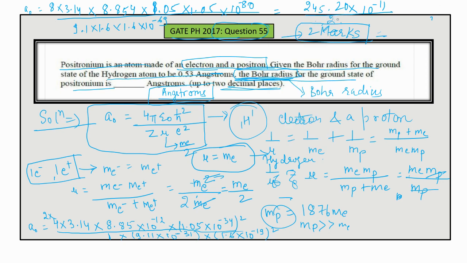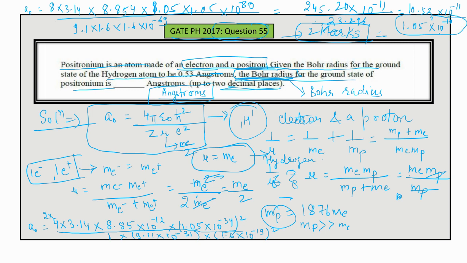divided by 23.296. So it will give me 10.52 into 10 raised to the power minus 11. You will take this point to the left hand side. So what you will get? 1.05 into 10 raised to the power minus 10.